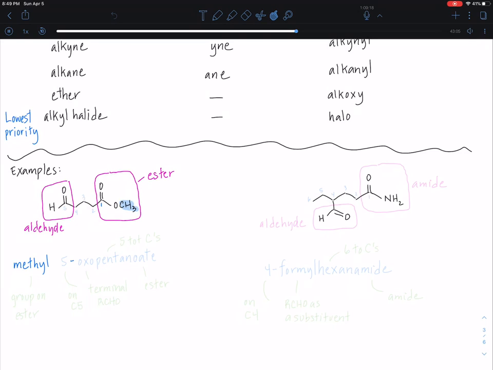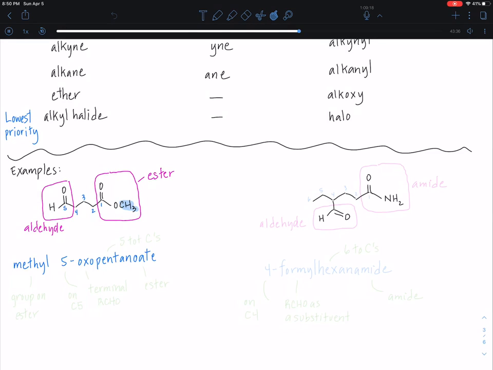Let me count them again. 1, 2, 3, 4, 5. Yep, it's the 5th carbon. Because the oxo group, we're talking about the oxygen. And that's on the 5th carbon. So oxo, and then there's 5 total carbons. So pent, instead of pentane, it'll be pentanoate.